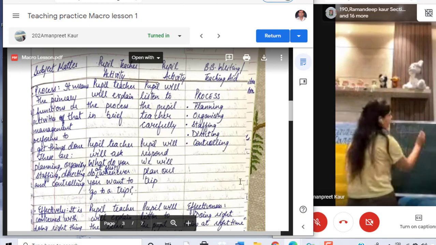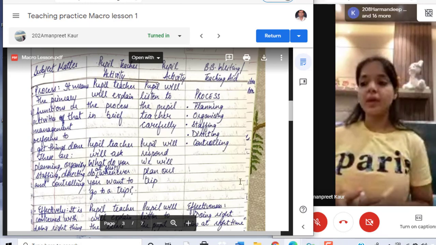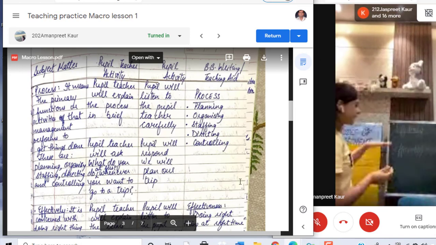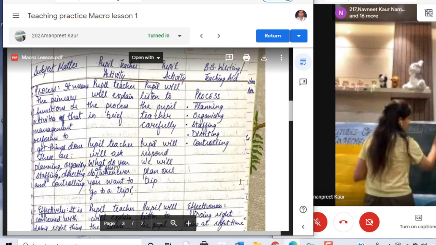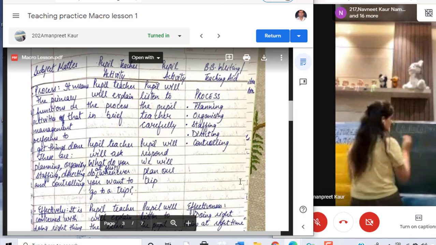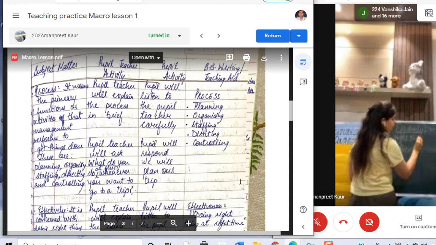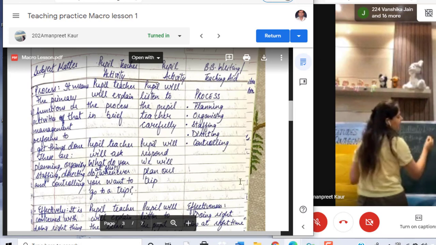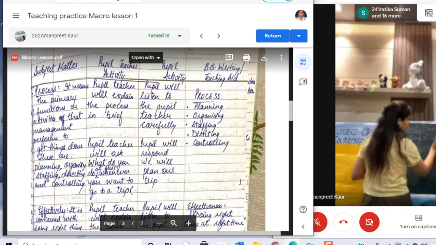Effectively means doing the right things in the right manner, at the right time.